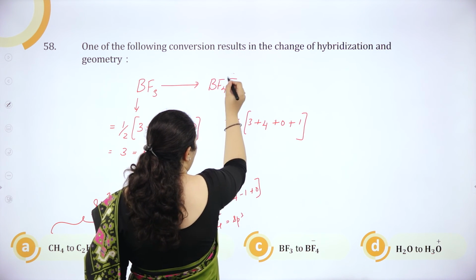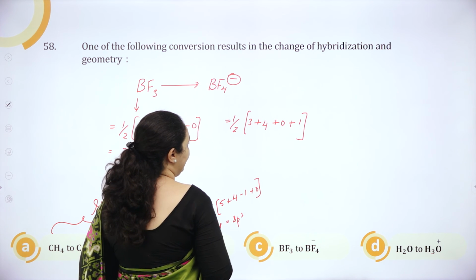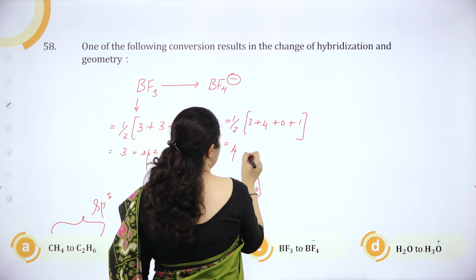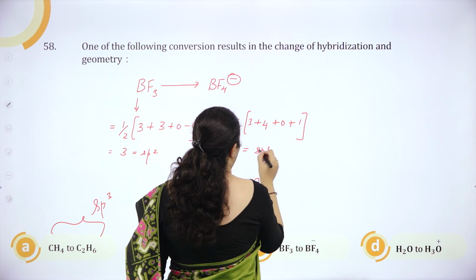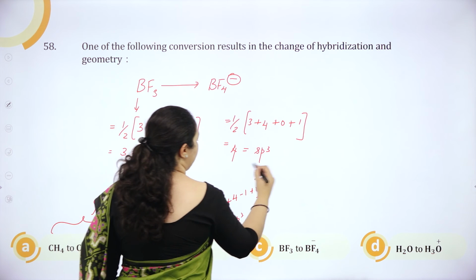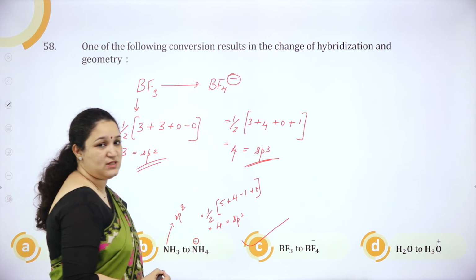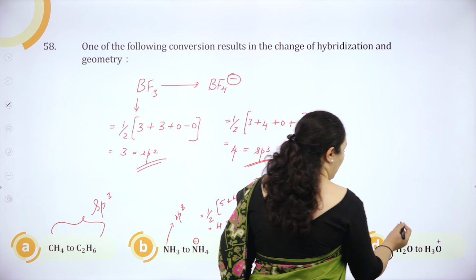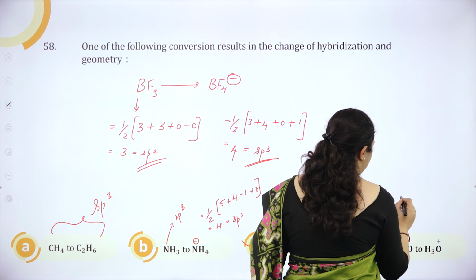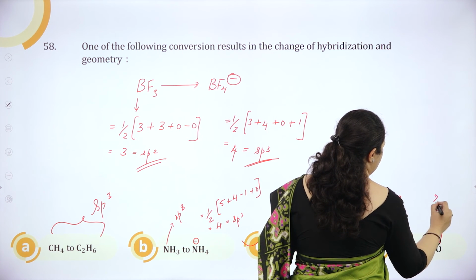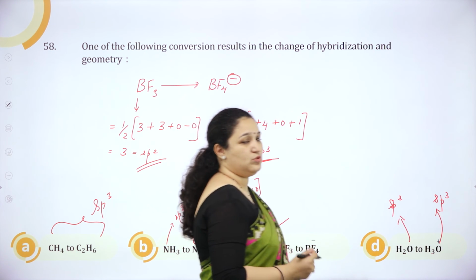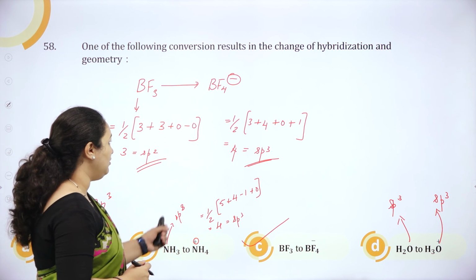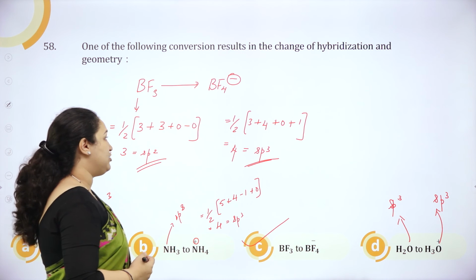Okay, the negative charge has to be added here, so plus 1, so it becomes 8, 8 divided by 2 is 4, so it is sp3 hybridization. So it has changed from sp2 to sp3. Option C is the correct answer. Whereas option D, in H2O oxygen is sp3 hybridized, here also it is sp3 hybridized, no change in hybridization. Okay, so I hope you have understood about the 58th question.